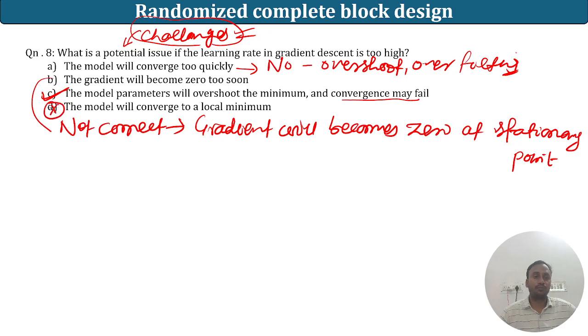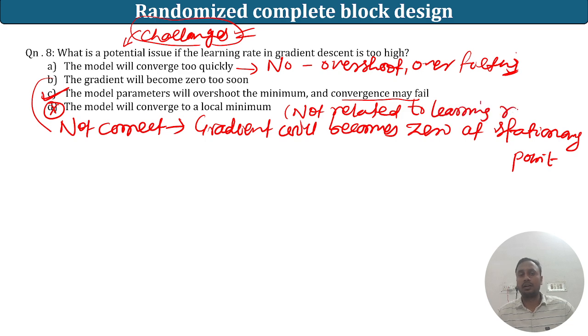No, it can't. That's not related to the learning rate. So C is the correct answer: the model parameter will overshoot the minimum and convergence may fail.